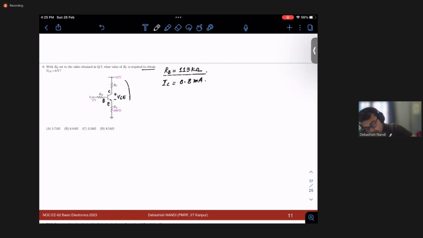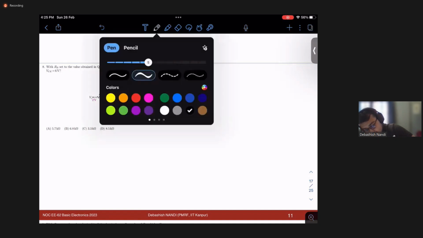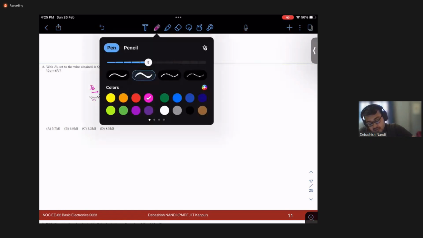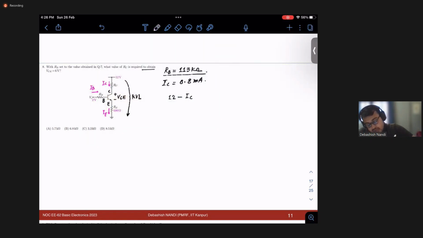So if I just apply KVL in this loop, you have 12 minus IC, this is your IC, this is your IE, this is your IB. Okay, so IC RC drop minus VCE minus IE RE drop equal to 0.